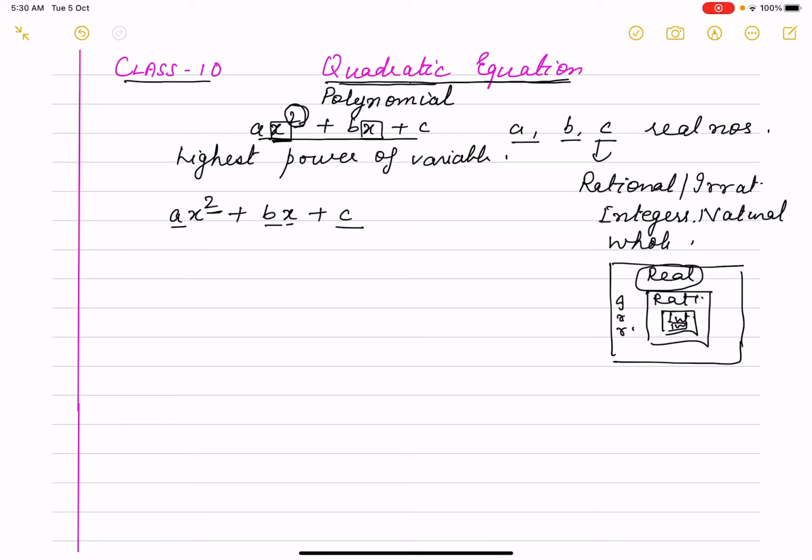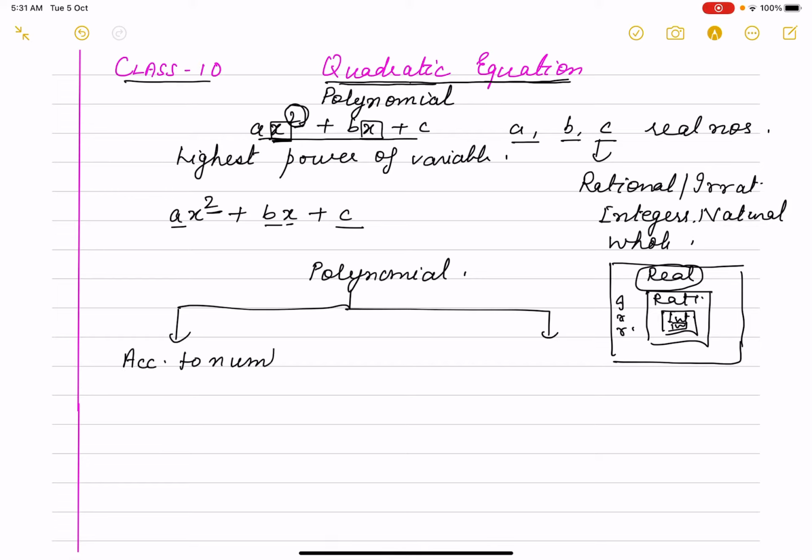Now we come to this polynomial. When we have done it, we have divided into two parts, according to number of terms and according to degree.